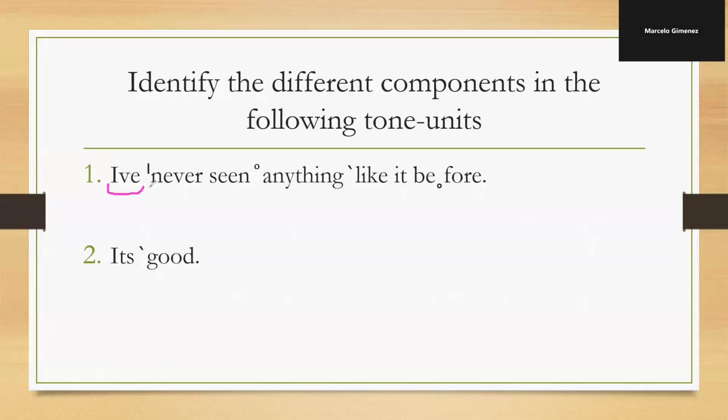What do I mean by this? In "never," this is the onset, not "never." You get it? The same will apply for the nucleus or the tonic syllable. Here we have a one-syllable word, but if the tonic syllable had been in "before," you should mark the nucleus.